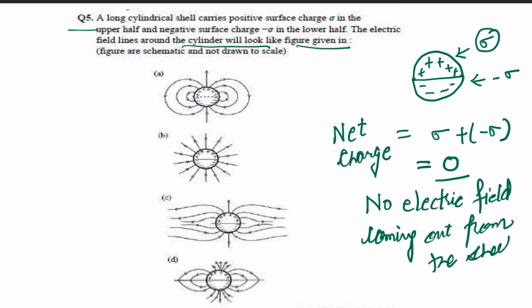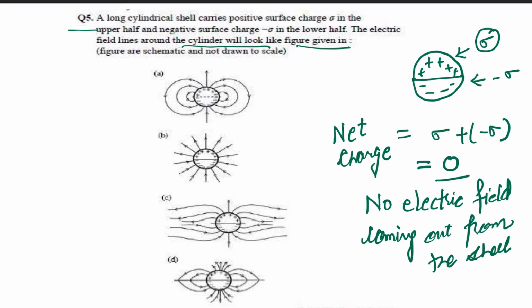If lines come out, it means it's a positive charge. If lines go in, it means the charge is negative. But if there is no net charge, no line should come in or out.